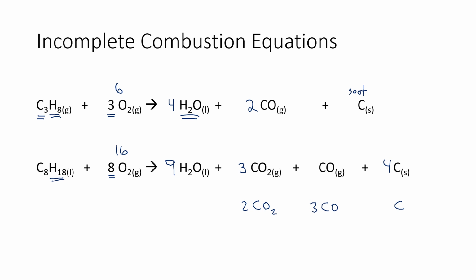And then, so that's total 5, and then we would have needed 6, 7, 8 for the remainder. So that would have been another balance that would have been equally valid. And honestly, it's going to be a big mix of things. It won't be a consistent ratio whenever you have incomplete combustion.